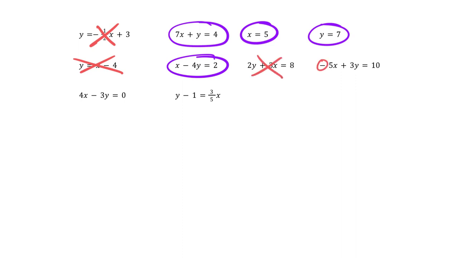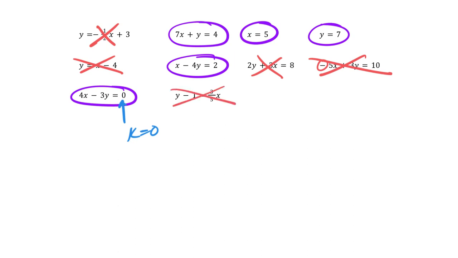You can see, oops, we got a negative leading coefficient. No. This one may have caused a bit of a problem, but that is in standard form. Don't be alarmed. The fact that we have that right side, that k value equaling 0, 0 is a value. That's a constant. We're good. And then clearly the last one, no, because of so many things. Okay, if we got to that point where we have those circled, then I think we are doing great.